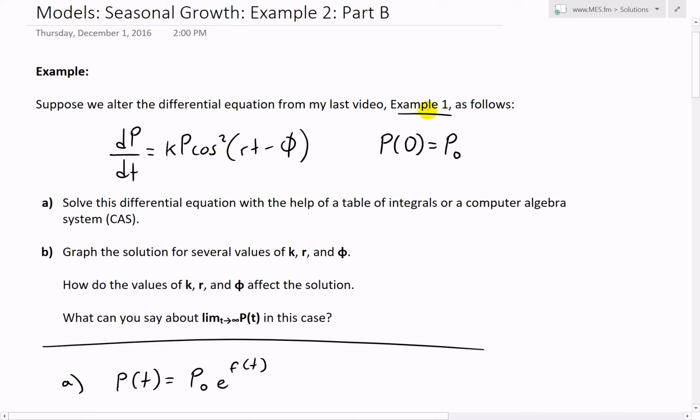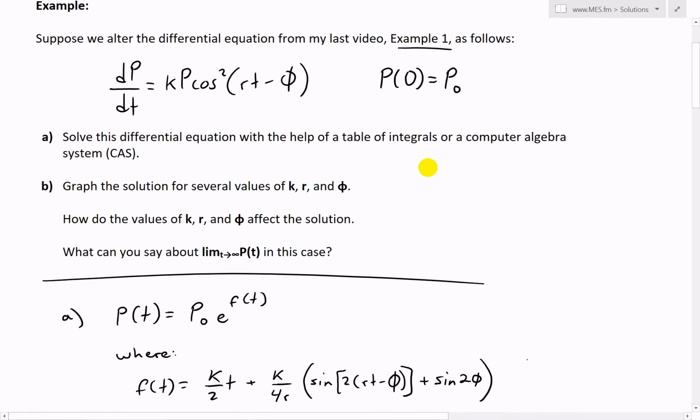In example 1, there's no square. We have cosine squared of r, another constant, times t minus phi, another constant, and given the initial value P of 0 is just P naught.